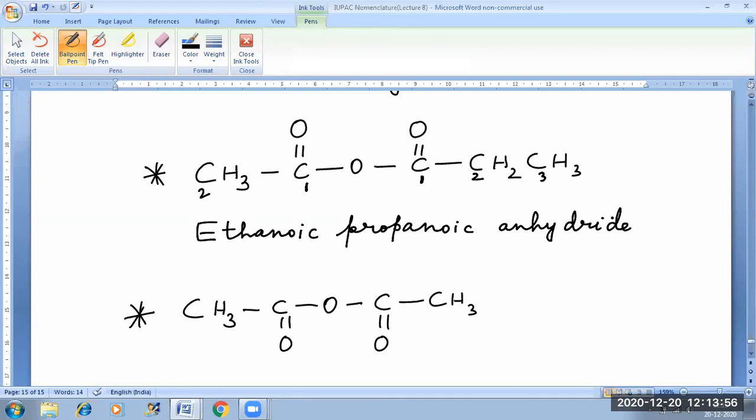This will be the IUPAC name of the compound. There is no substituent attached here, so we cannot write 2-methyl or 2-ethyl of that sort. There is no substituent.